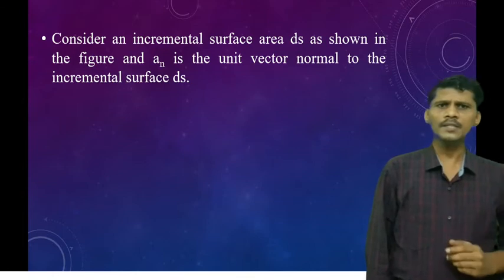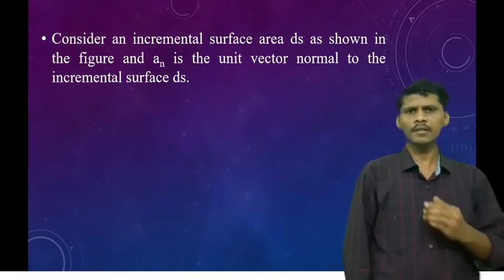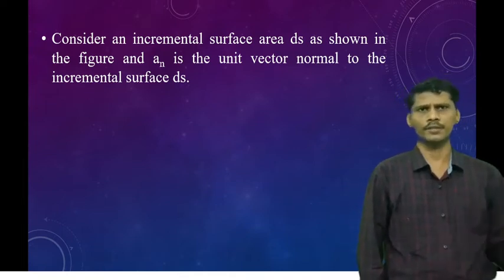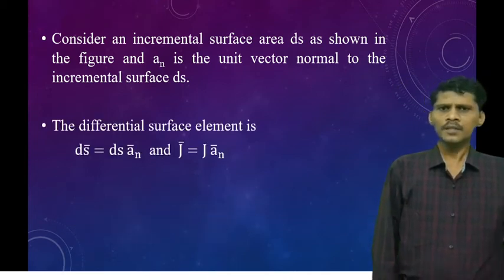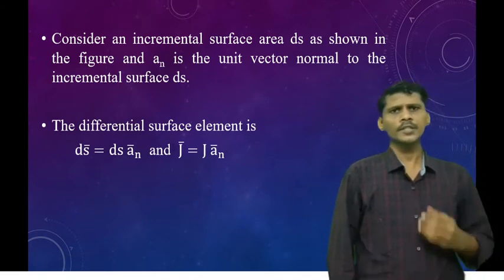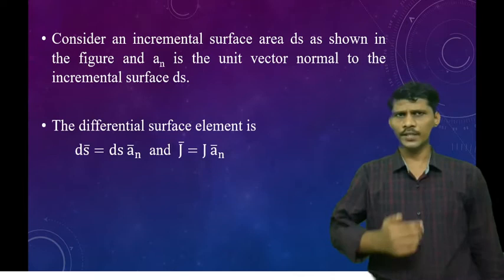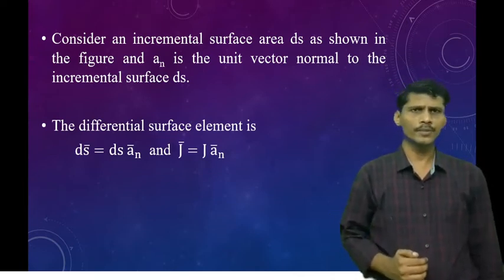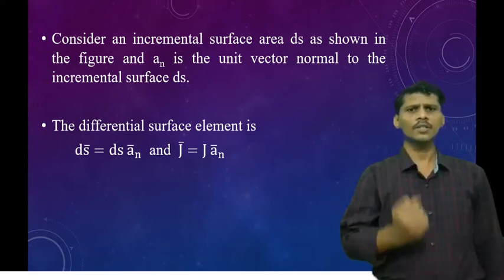Consider an incremental surface area ds, where a_n bar is the unit vector in the direction normal to the surface. The general representation of the differential vector surface area is ds bar equal to ds times a_n bar, where ds is the magnitude of the differential surface area and a_n bar is the unit vector normal to the surface.